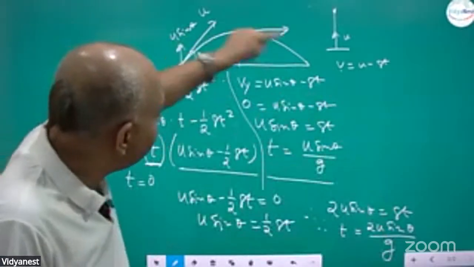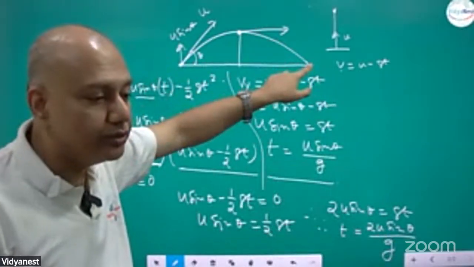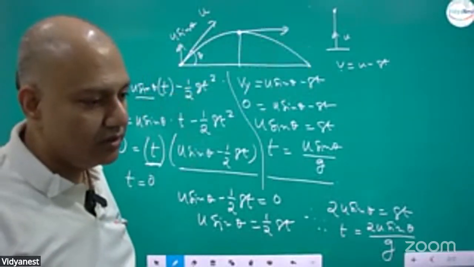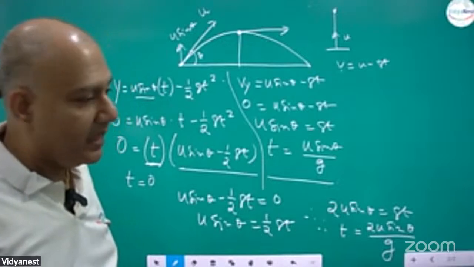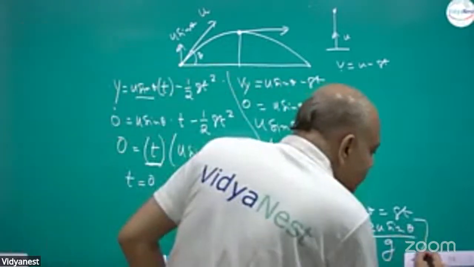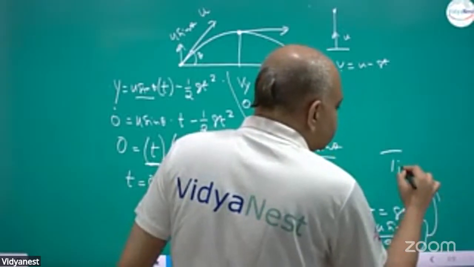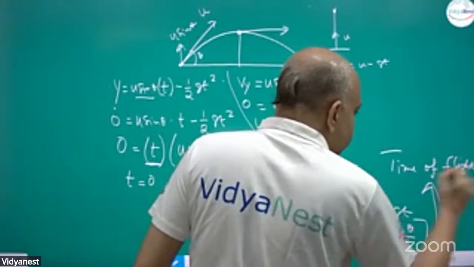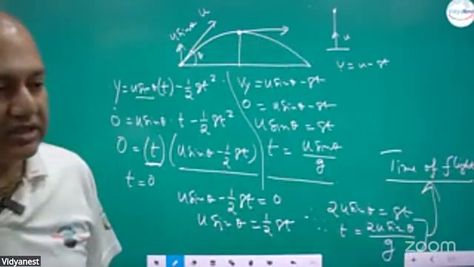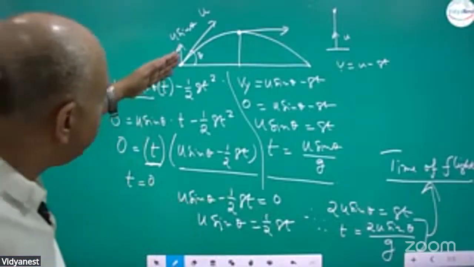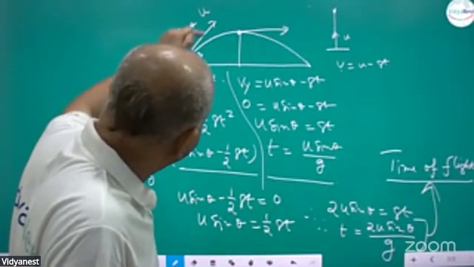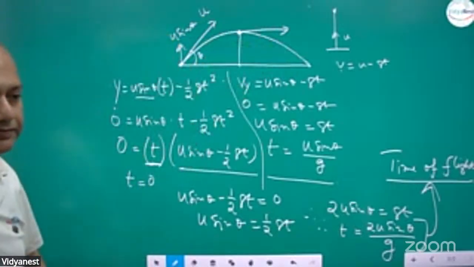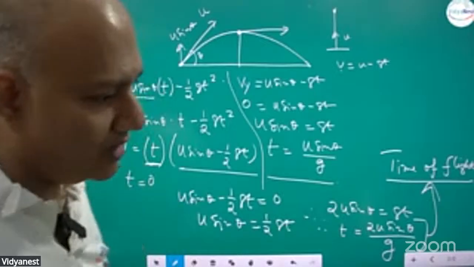When it is again returning back to the ground, the vertical displacement y is zero, isn't it? Yes, sir. So this is the time of flight. This is the total time required for the particle to start from here and come again to the ground. The total flight time. Okay, sir. Okay, very good.